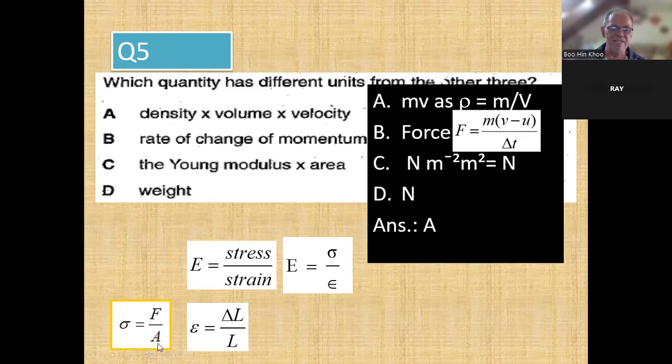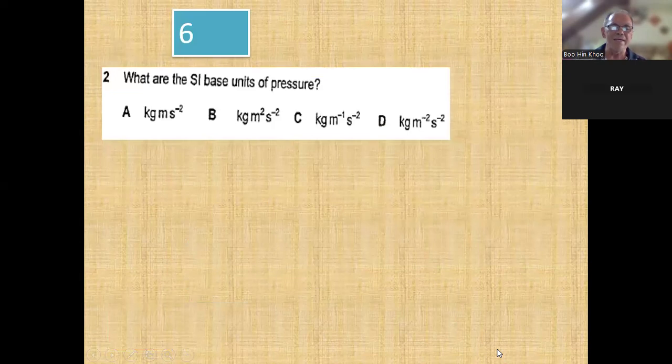So it times area is your force. So if you can do that, yeah. If not, work through, find the unit for each of them. Okay. SI unit for pressure. Either you memorize it or you work it out.